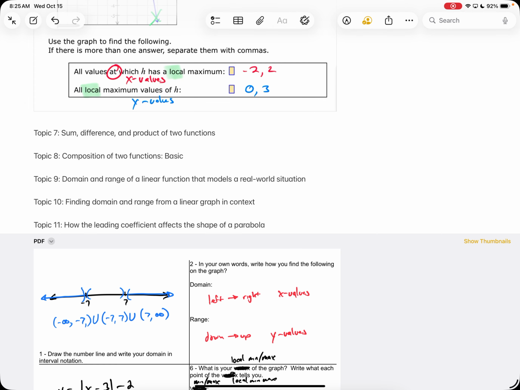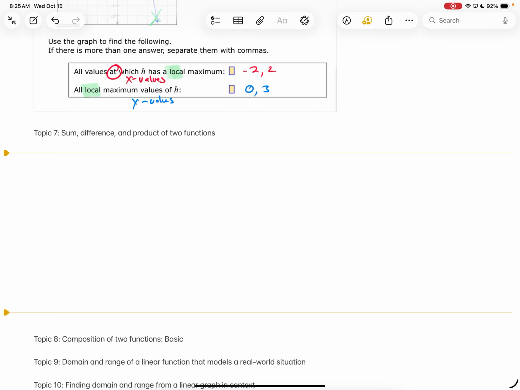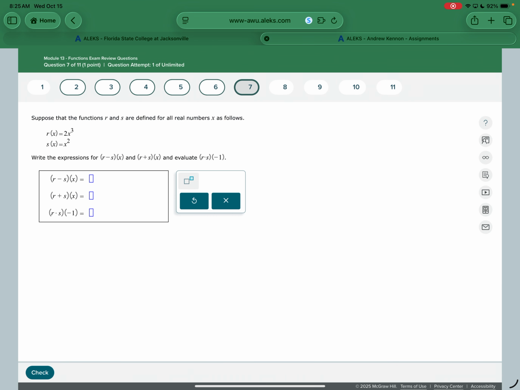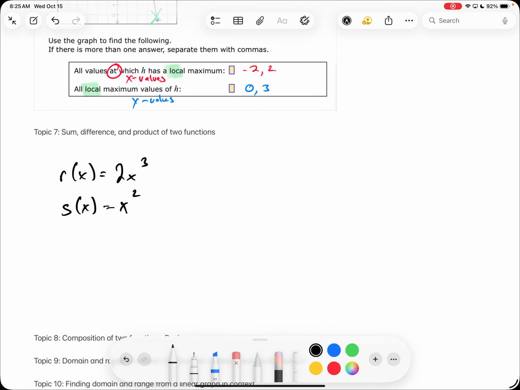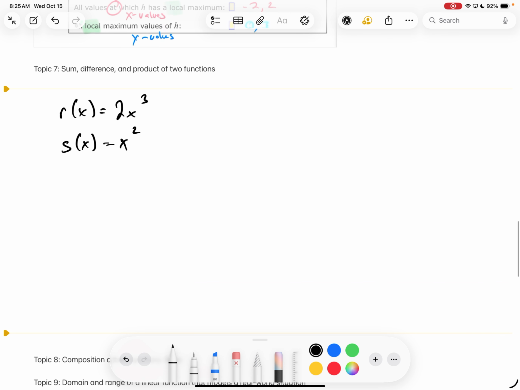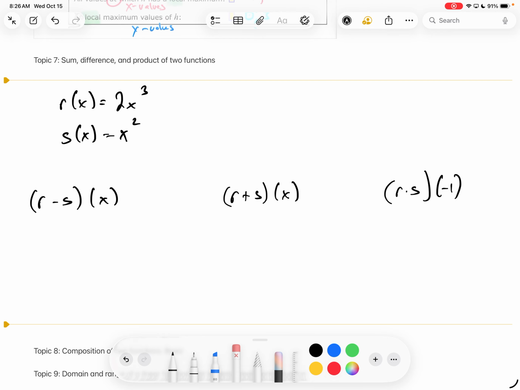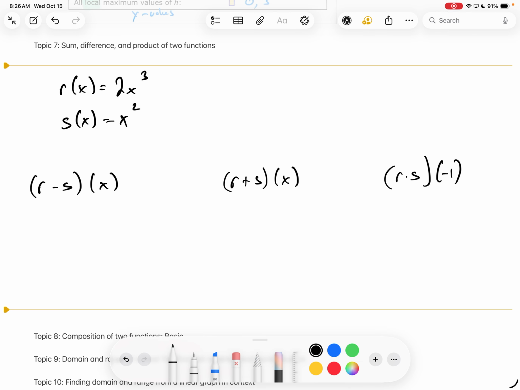2x cubed and x squared. And then we are supposed to find minus, plus, and times -1. Okay, so to do these, you've got to do each one.